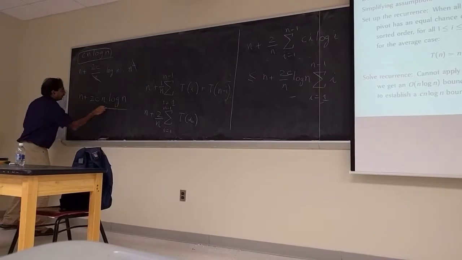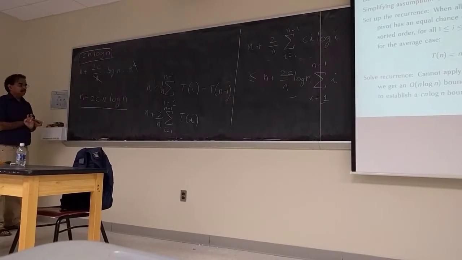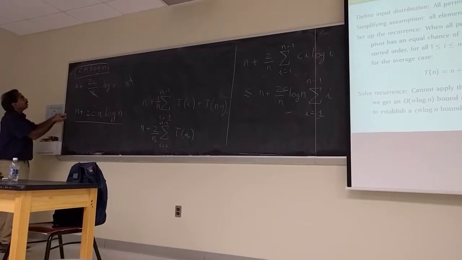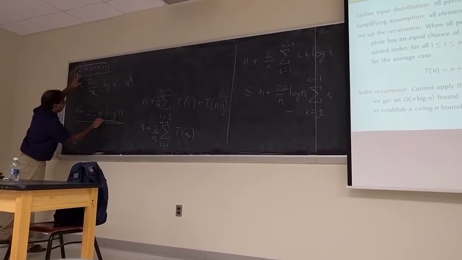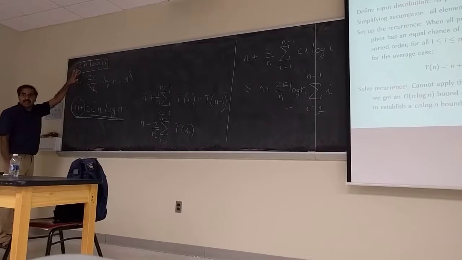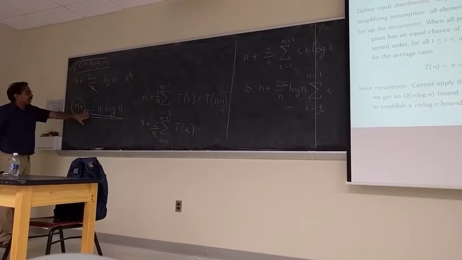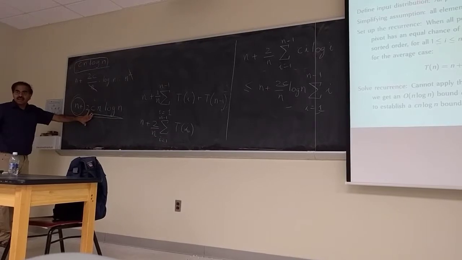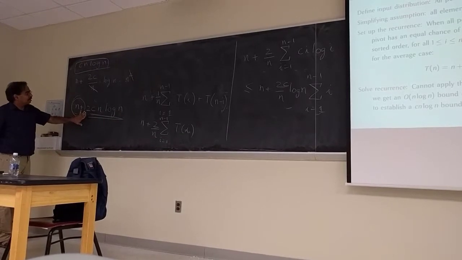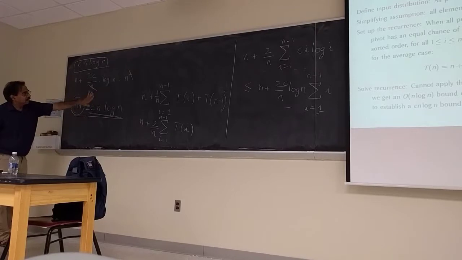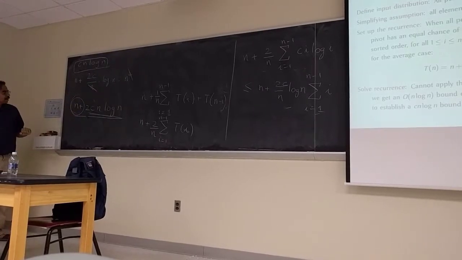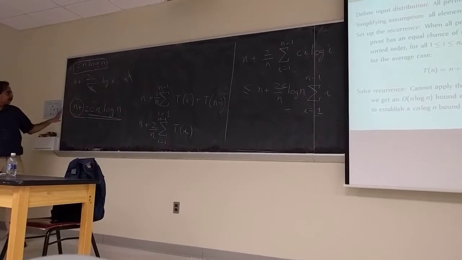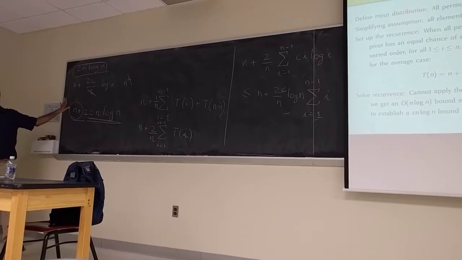But what we get is n plus 2cn log n, right? So we have this n log n plus something added. So it's clear that our proof failed, because we wanted to say that the upper bound on the right-hand side is Cn log n, but in fact we get Cn log n plus n. So this is not going to work.